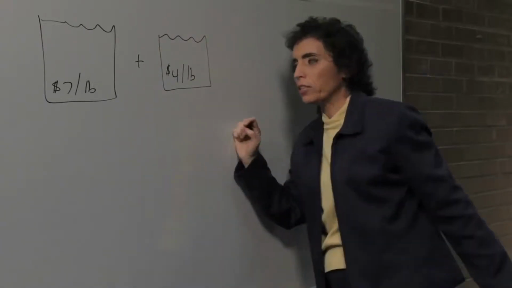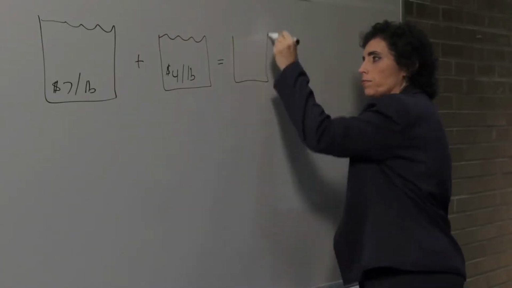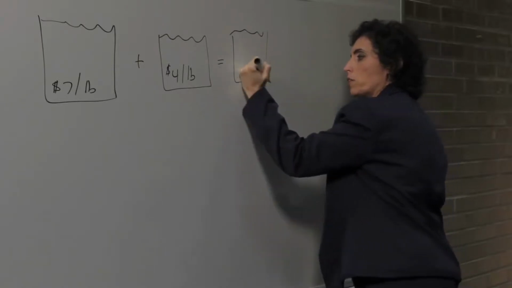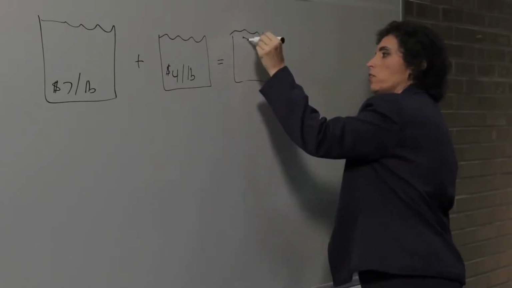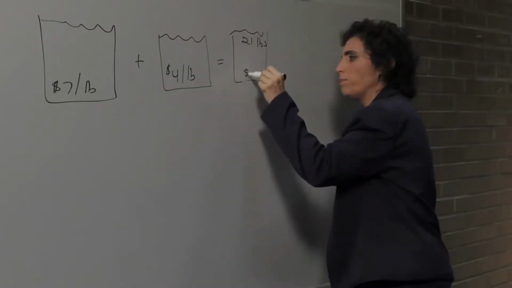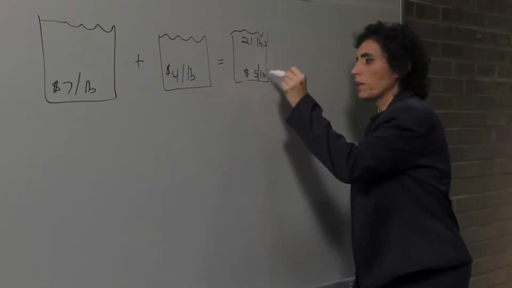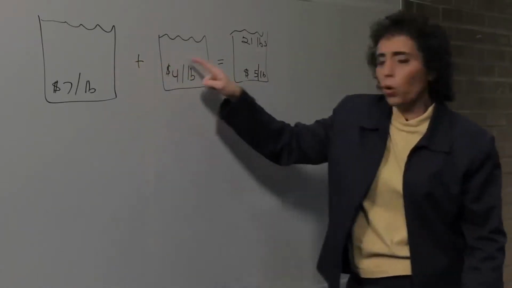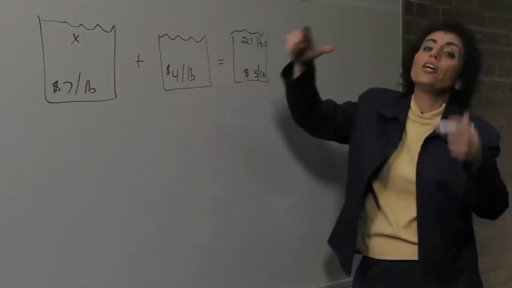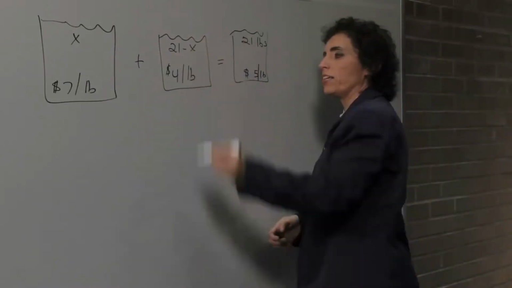We want to get 21 pounds of coffee that is worth $5 a pound. I don't know how much of this or this, so one of them is going to be X. Doesn't matter which one is X.